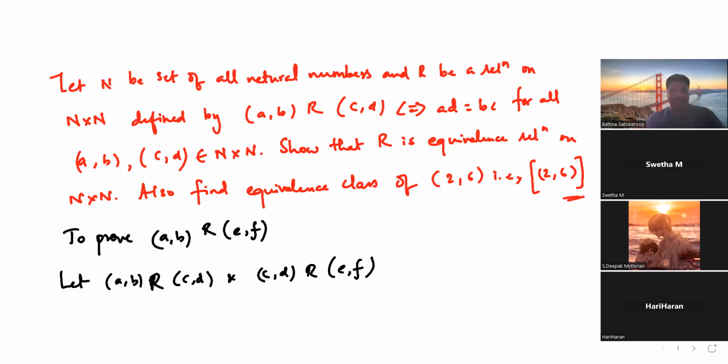Okay, so let (A, B) be related to (C, D) and (C, D) be related to (E, F), right? Now what will this imply? This will imply AD is equal to BC and CF is equal to DE, right? Yes, sir.